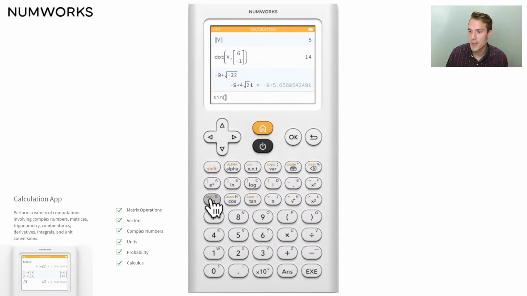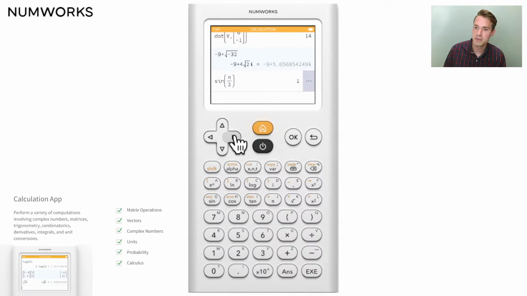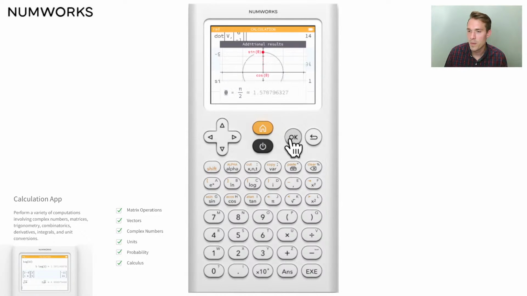So if I were to evaluate the sine of pi over 2, this is another result that will have additional results. So if I move over and open up those additional results, here for a trig operation, we'll get the unit circle, as well as the sine and cosine values for that angle.